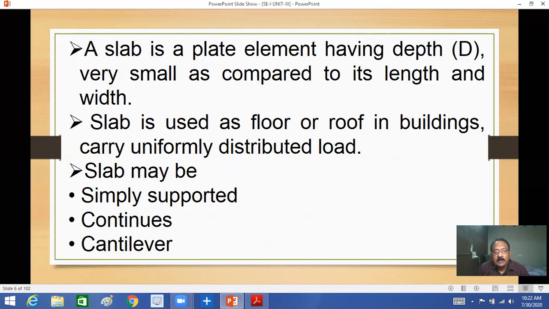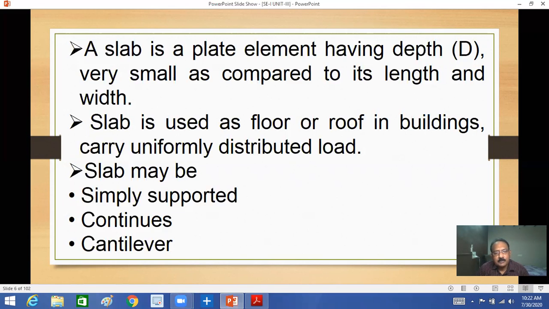The slab thickness is very small compared to the length and width. A slab is used as a floor or roof in buildings and carries uniformly distributed loads, whether dead load, live load, or any other load, as we discussed in the first unit.